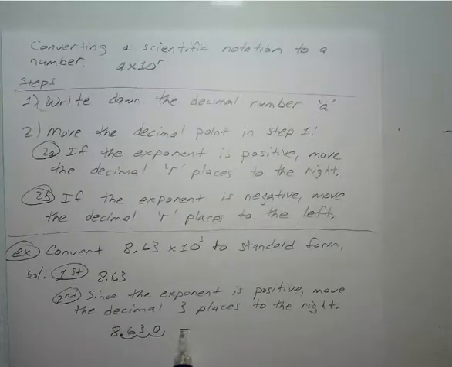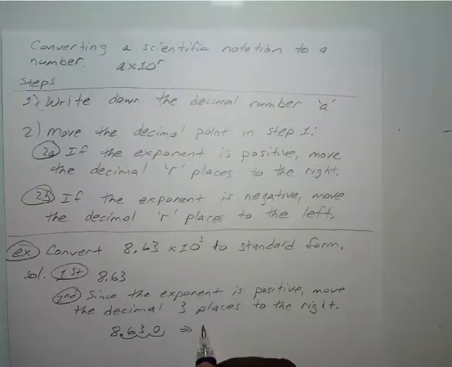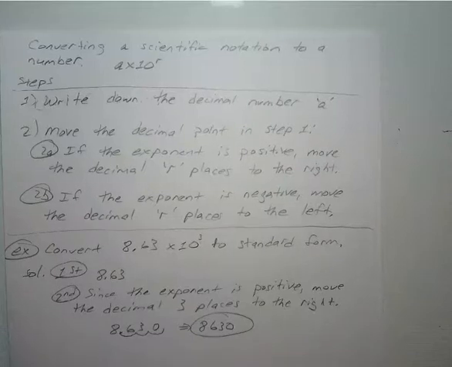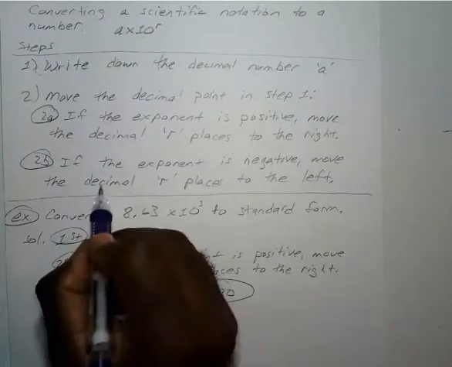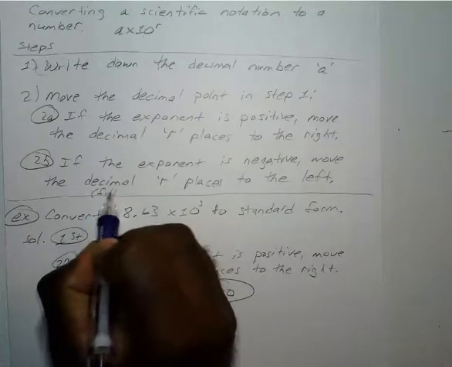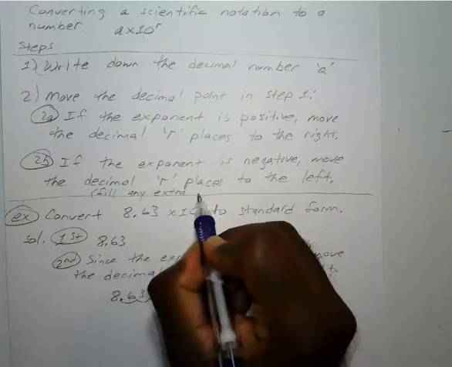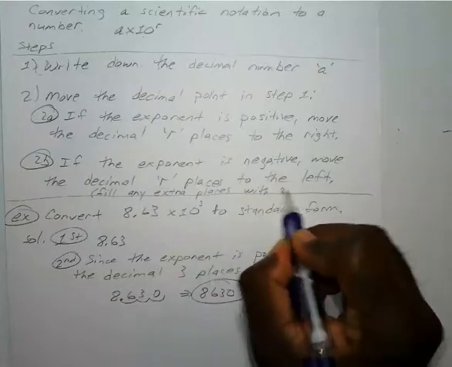Okay, so that means if you write 8.63 times 10 to the third power in standard form, you get 8,630. Fill any extra places with 0.